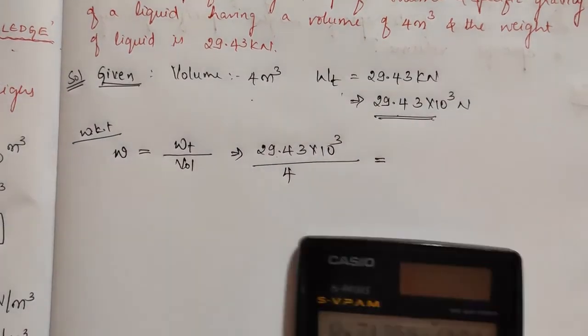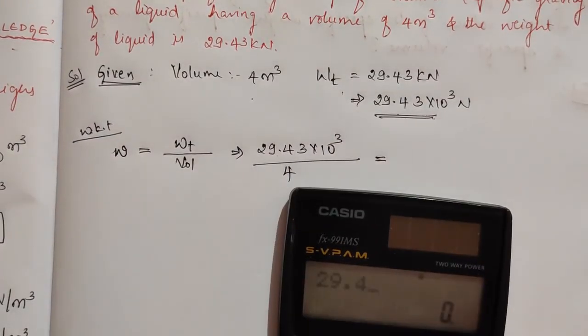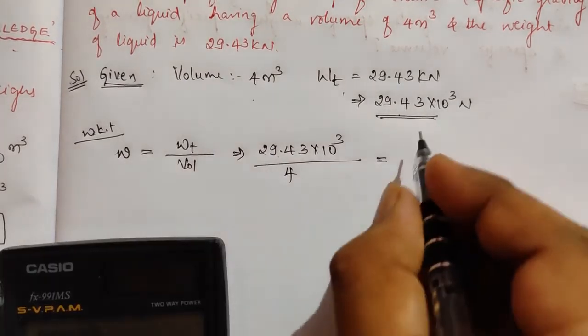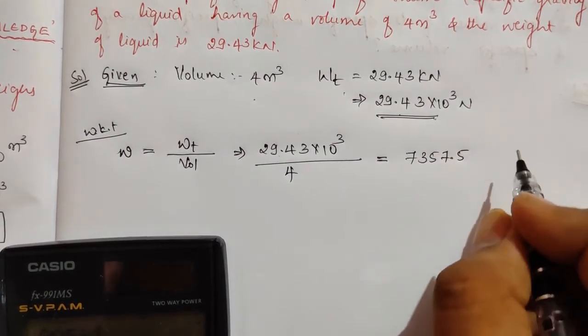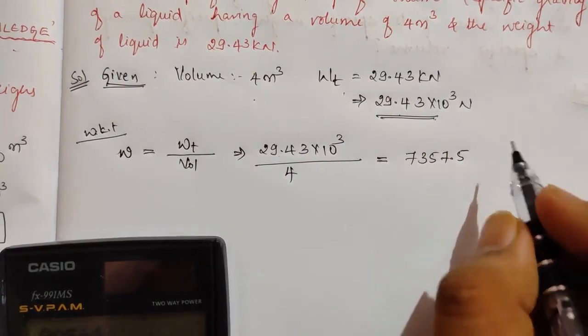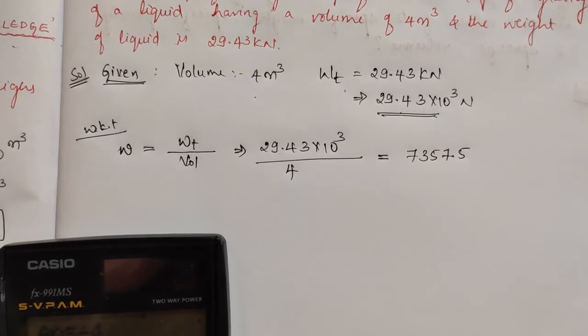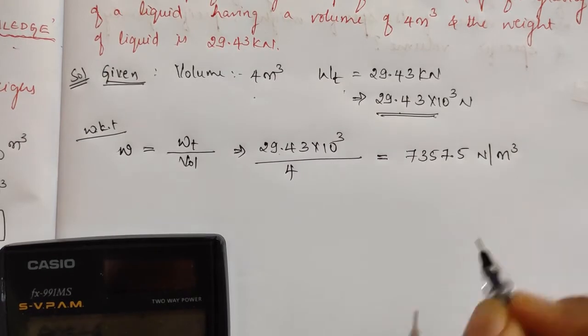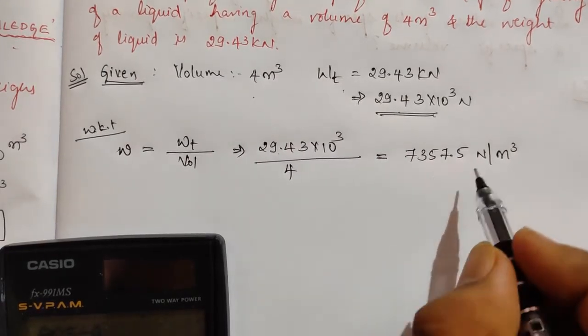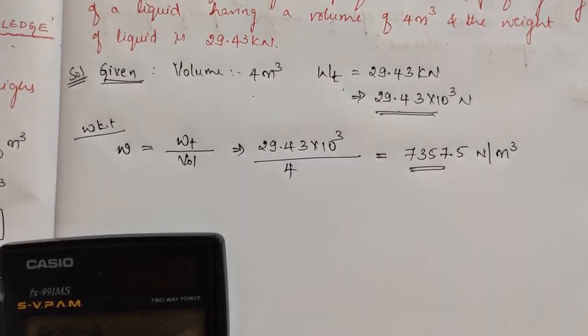When we substitute, 29.43 into 10 power 3 divided by 4, we get 7357.5. What is the unit of specific weight? It is nothing but Newton per meter cube. This was about specific weight.